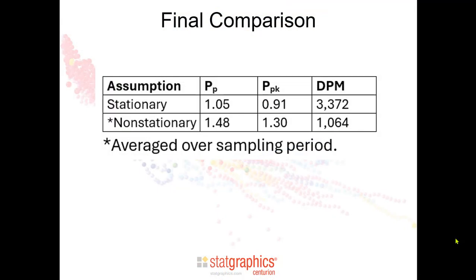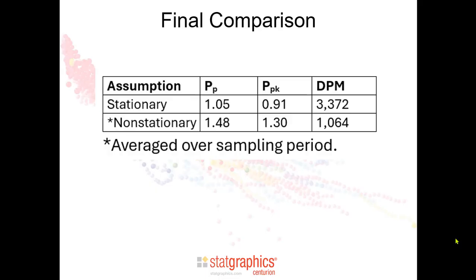One final comment. It's interesting to compare the results you get if you assume one single stationary normal distribution to the non-stationary approach which I've described here. Here you see a comparison of the capability indices.